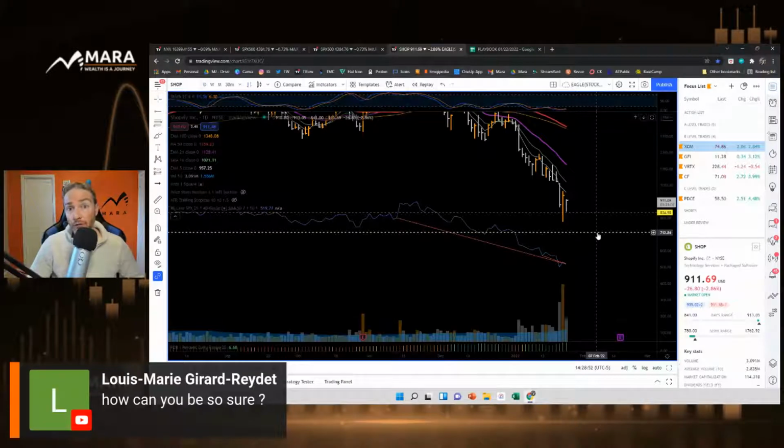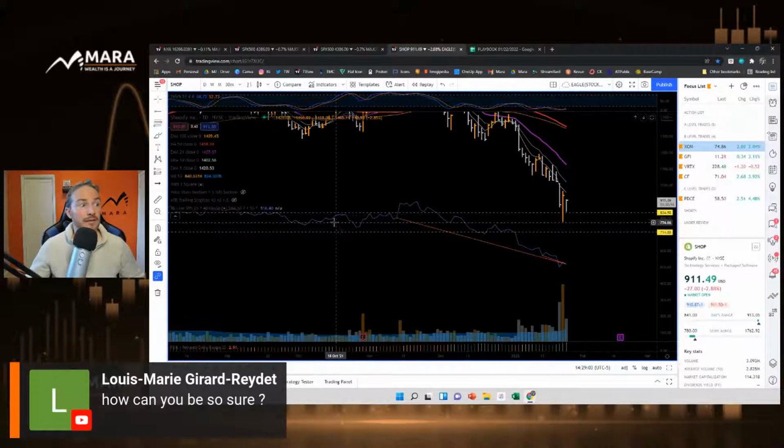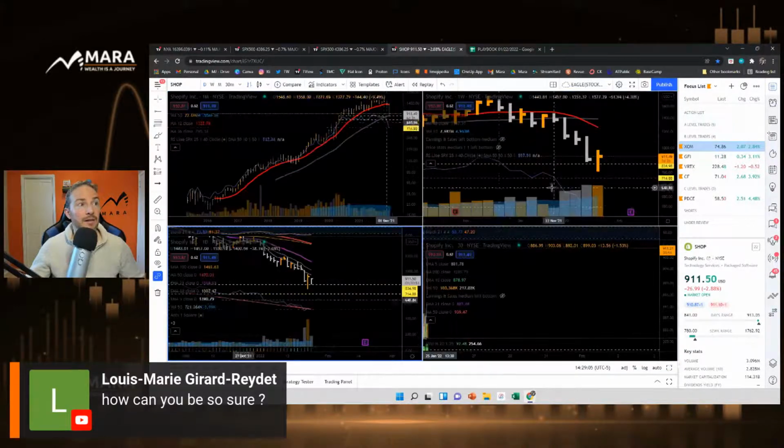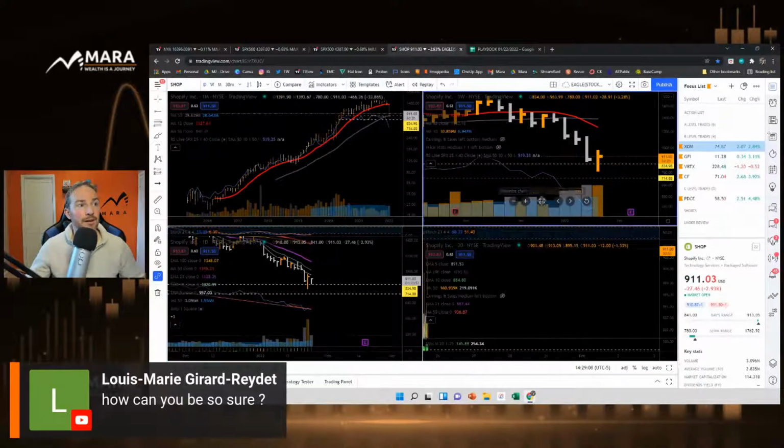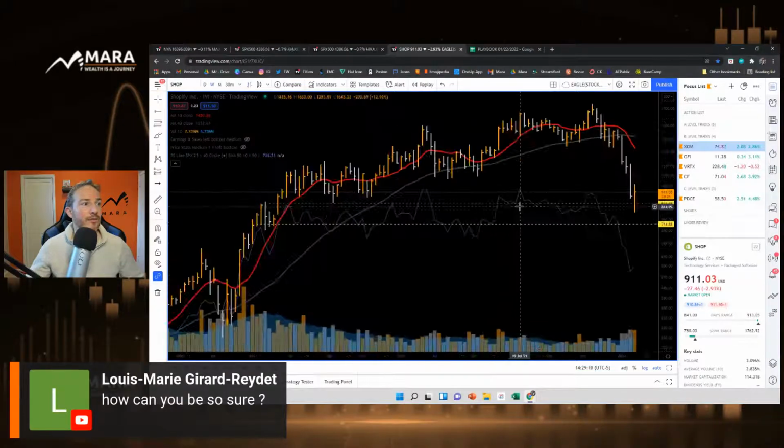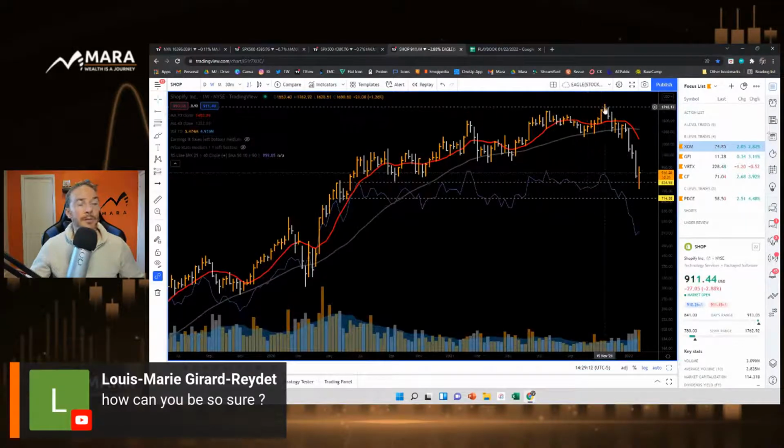So when it comes to trading, the idea is to anticipate, right? Based on what we know, Shopify is in a very steep decline, a very strong downtrend. It's been in that downtrend now for a couple months, and the sell-off has gotten worse and worse and worse.